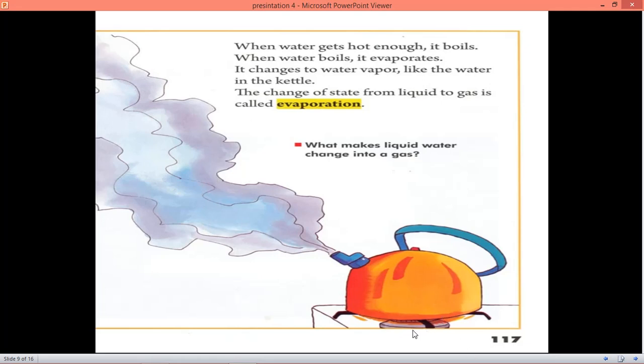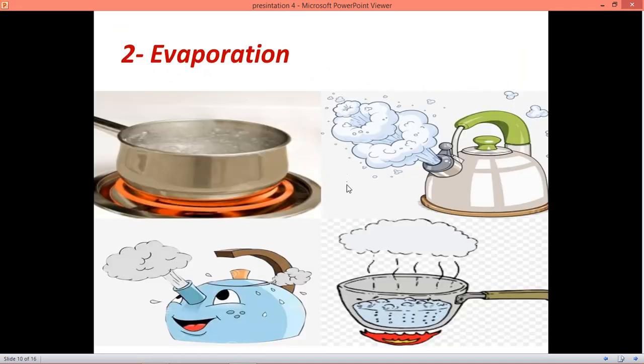So we can say the change of state from liquid to gas is called evaporation.